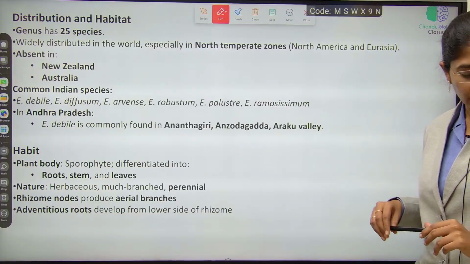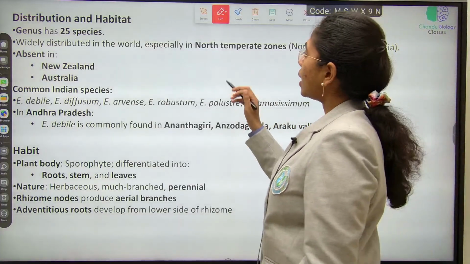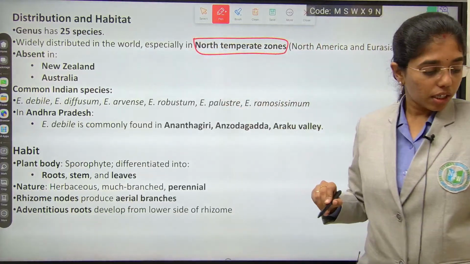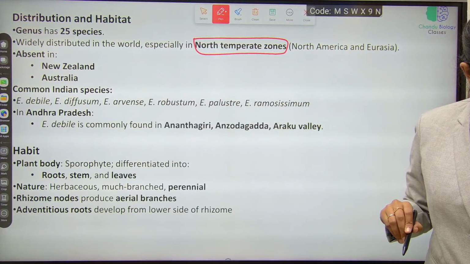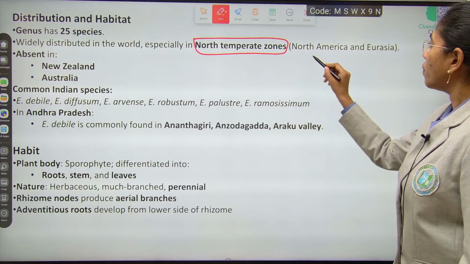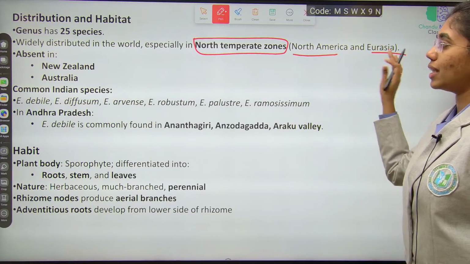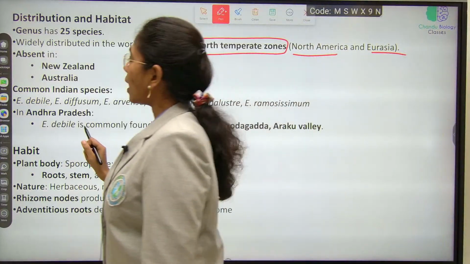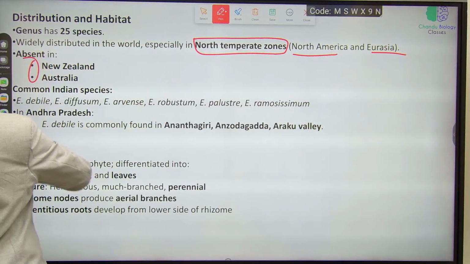It is widely distributed in the world, especially in north temperate zones, in North America and Eurasia. These are the specific regions in which they are present, and they are absent in regions like New Zealand and Australia.